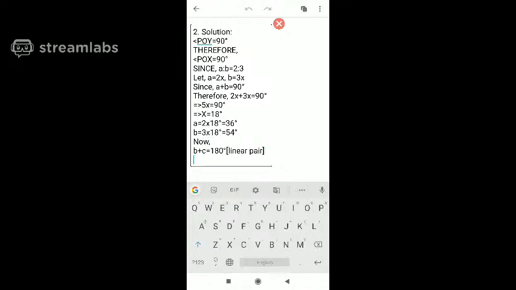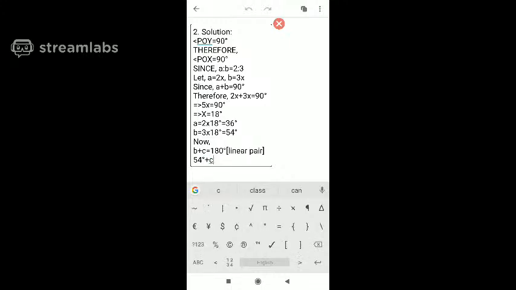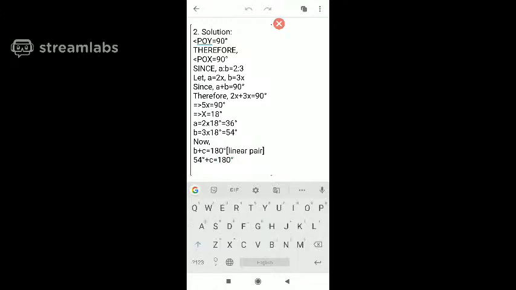Now we have the value of B, that one is 54 degree, then plus C equal to 180 degree.